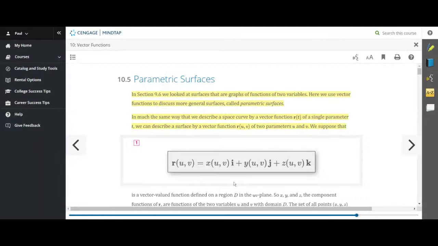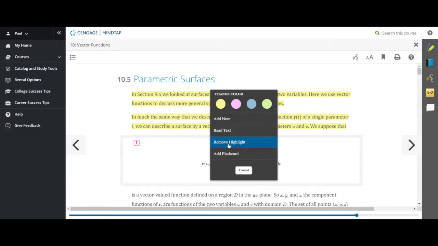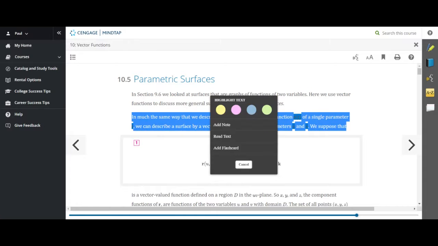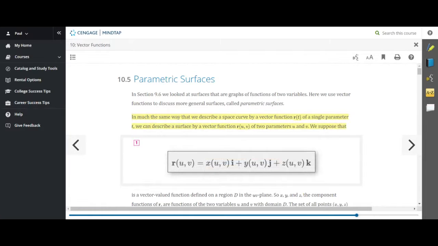In much the same way we describe a space curve by a vector function r of t of a single parameter t, we can describe a surface by a vector function of two parameters u and v.